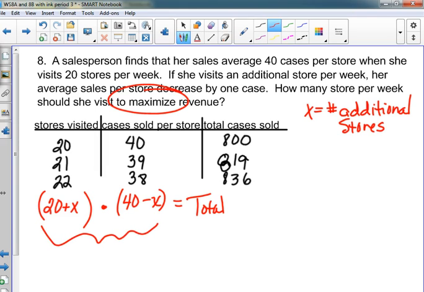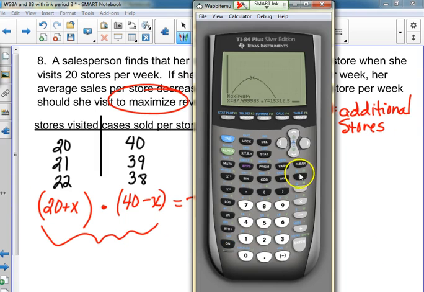Okay, if you want to do it by graphing, type it in your calculator, but you're going to have to think about an appropriate window. Could also FOIL it out and do negative b over 2a.